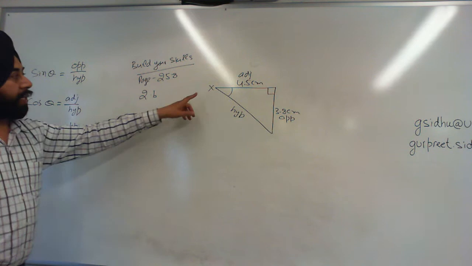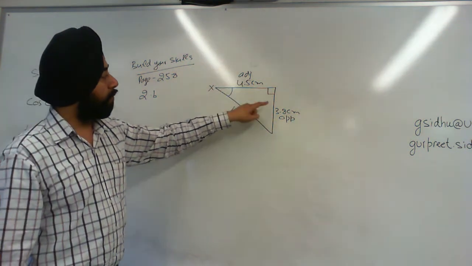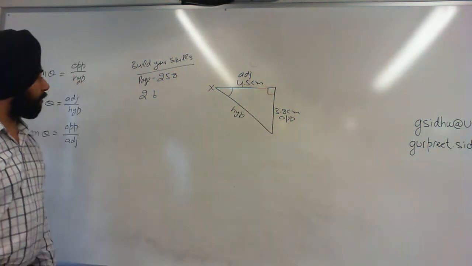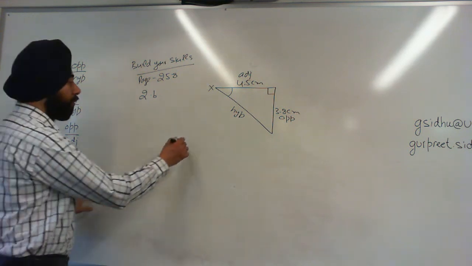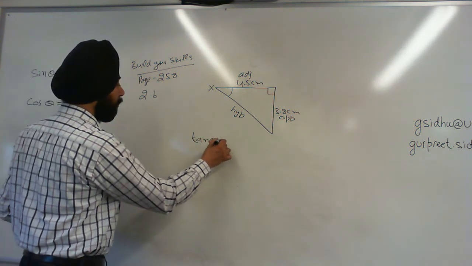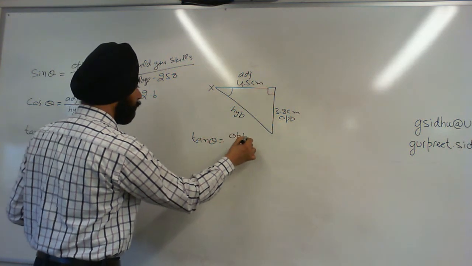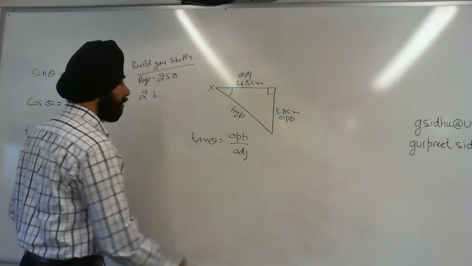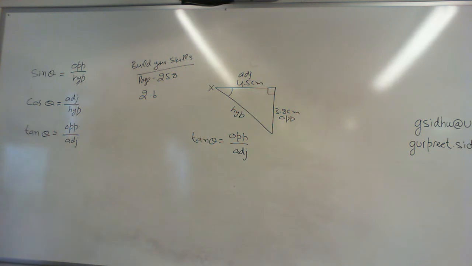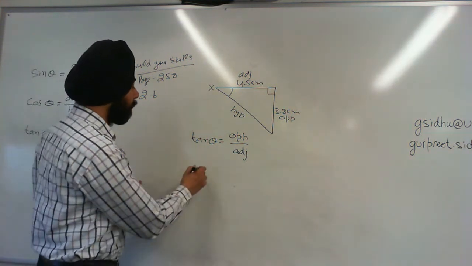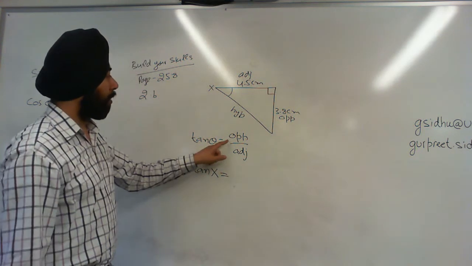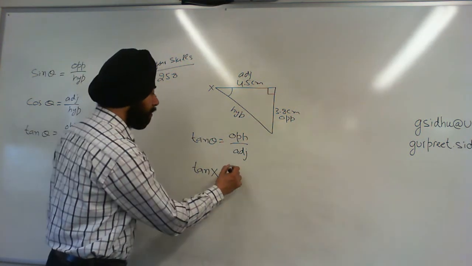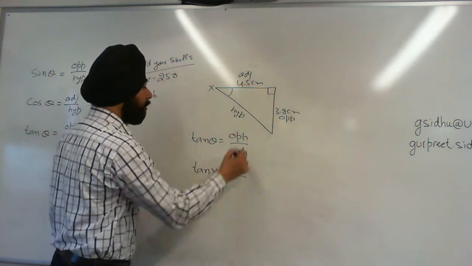Okay, we have to find x, and we have to find a formula that involves adjacent and opposite. Adjacent and opposite, tan. It's the tan theta. So you will use tan theta is equal to opposite over adjacent. Theta is our x, that's what we have to find. So this becomes tan x is equal to, opposite is 3.8, adjacent is 4.5.